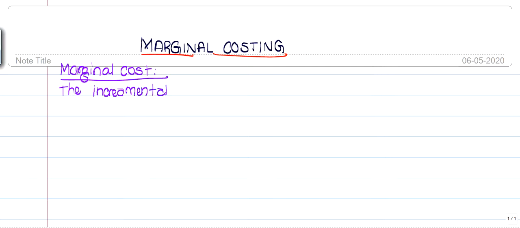So what is the marginal cost? In economics, marginal cost means the incremental cost of production. So first, this is marginal cost. Then we'll see marginal costing. The incremental cost of production.